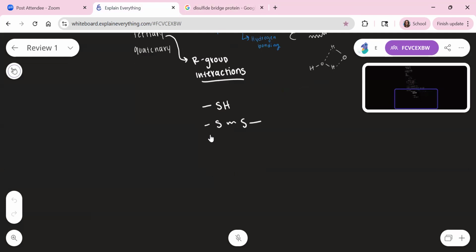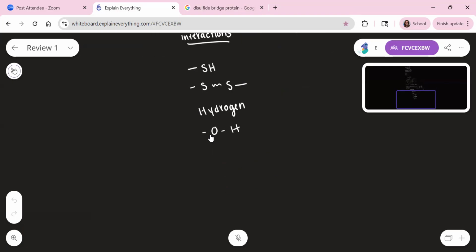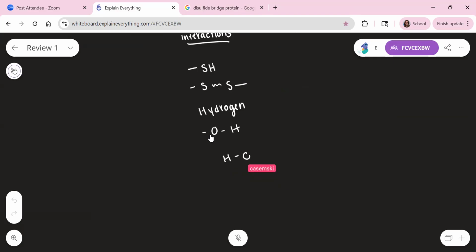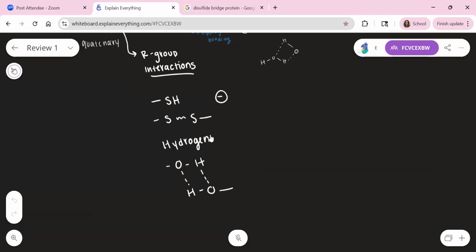You can also have hydrogen bonding if, say, an amino acid has an OH group, we can have some bonding between these like this. You can also have ionic bonding.